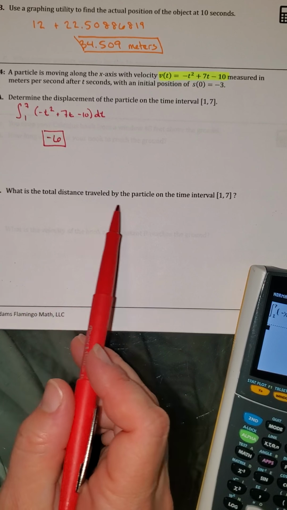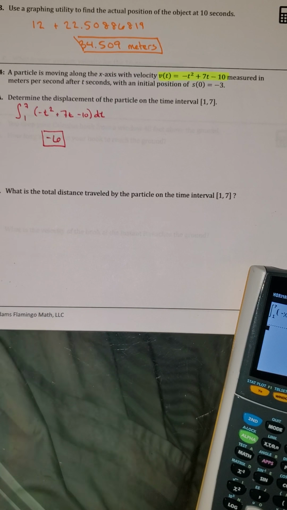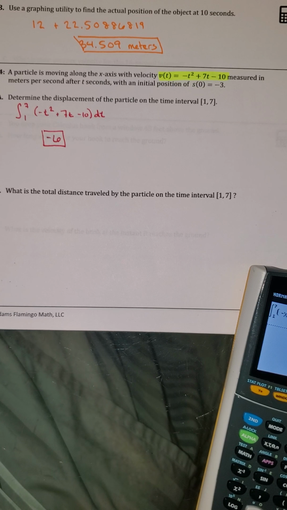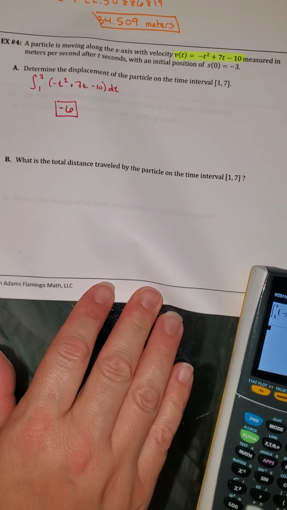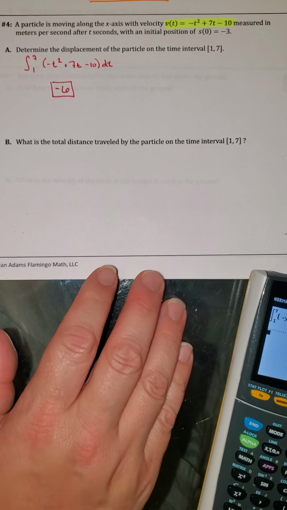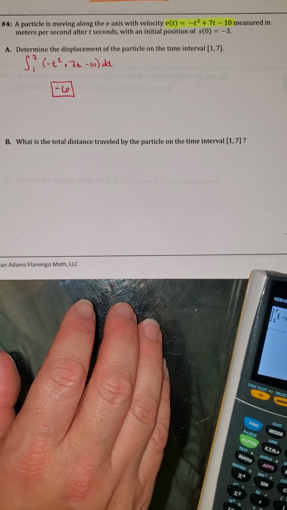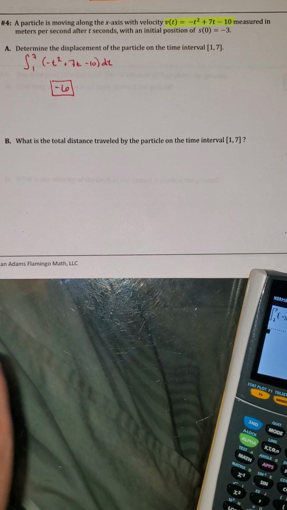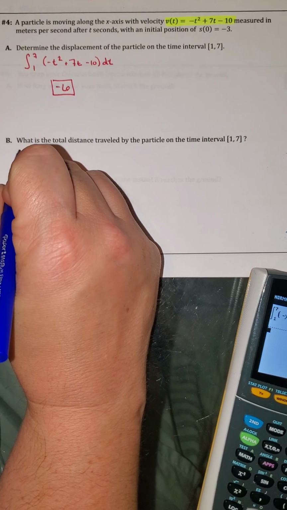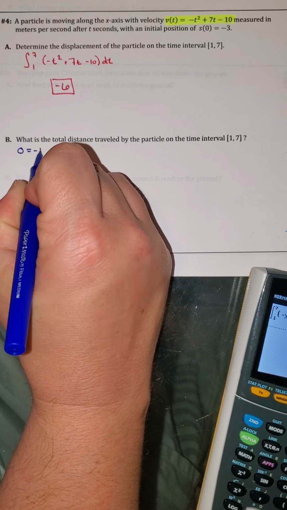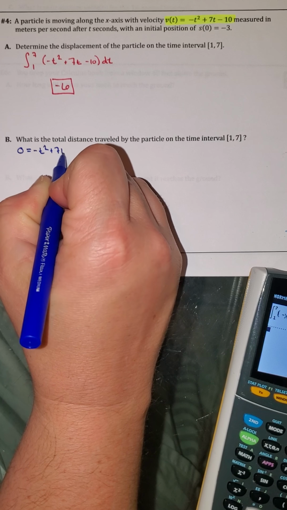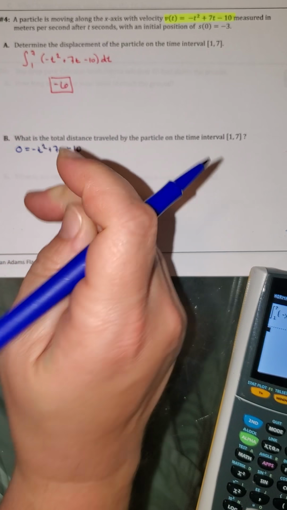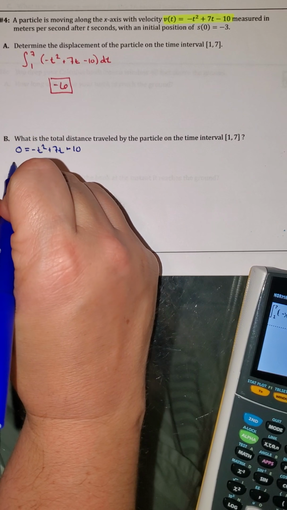So what is the total distance traveled by the particle on the time from 1 to 7? All right, so here's the tricky part on this one. We need to know if it ever changes directions, if it ever goes through 0. So I want to know, where does it equal 0? And you could do this by a graph on your calculator and look at it, but this one's pretty nice to do by hand.